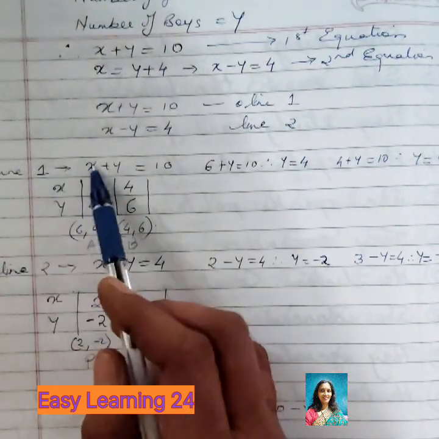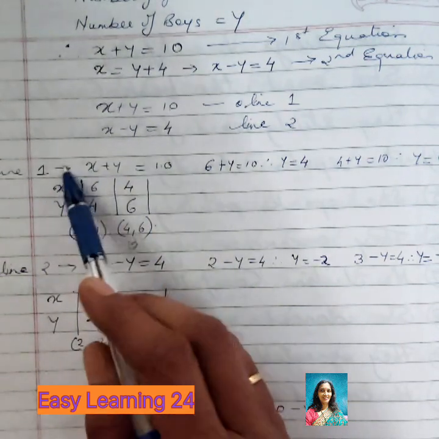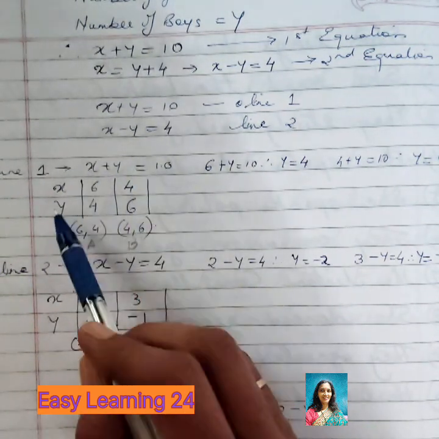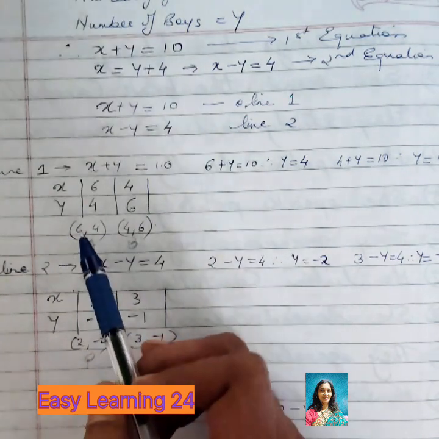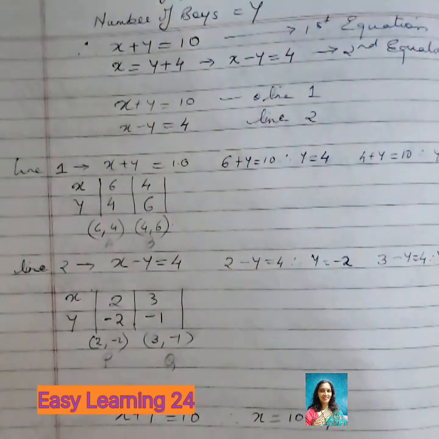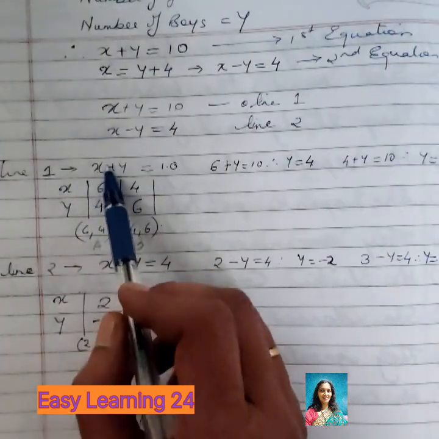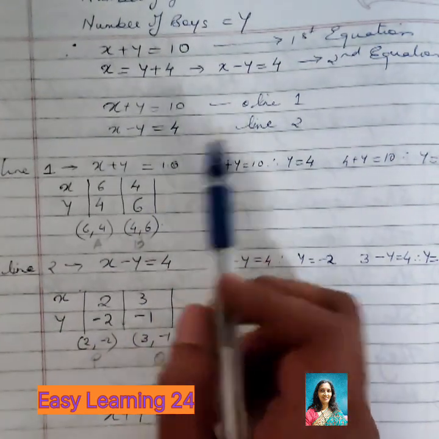So first line is x plus y is equal to 10. This line contains 2 points. Okay, so this is line 1, x plus y is equal to 10. To make this line on the graph, we need 2 points.